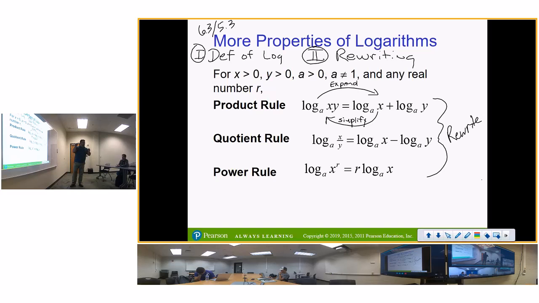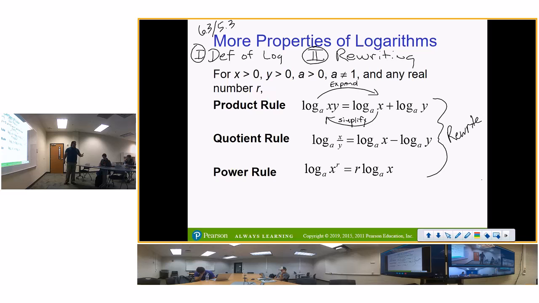And I want you to highlight them and put 6.3 and 109, 5.3. You need to highlight those three, and you need to say rewrite in 6.3 because I told you to write those down. Or what did I tell you to do if you didn't want to write all of them down? Go to Google and type in logarithmic properties. What do you have to do? You have to save it and then put it in a word processing document and print. So it's a lot of work, but some of y'all might be able to manage through that hard work.